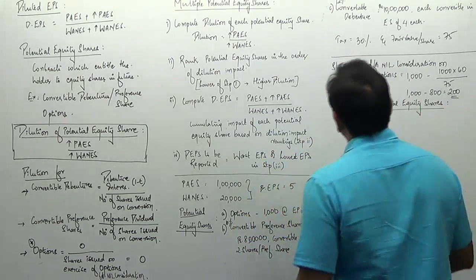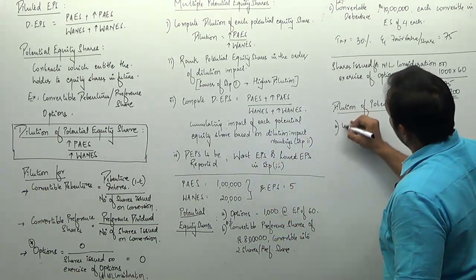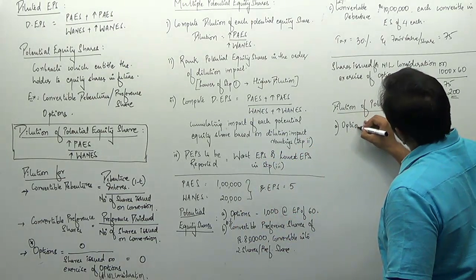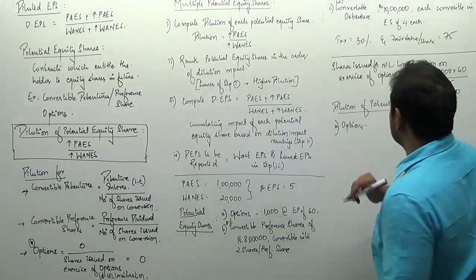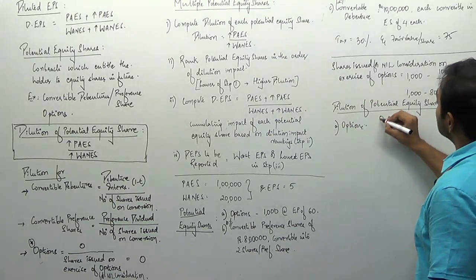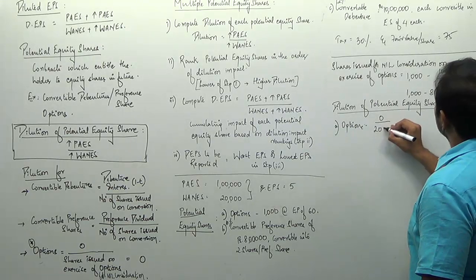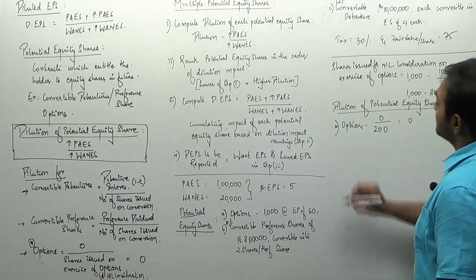Let's go on. First one, options. For dilution, you need to use the formula increase in PAES by increase in WANES. Options: increase in PAES is 0, increase in WANES is 200, so 0.